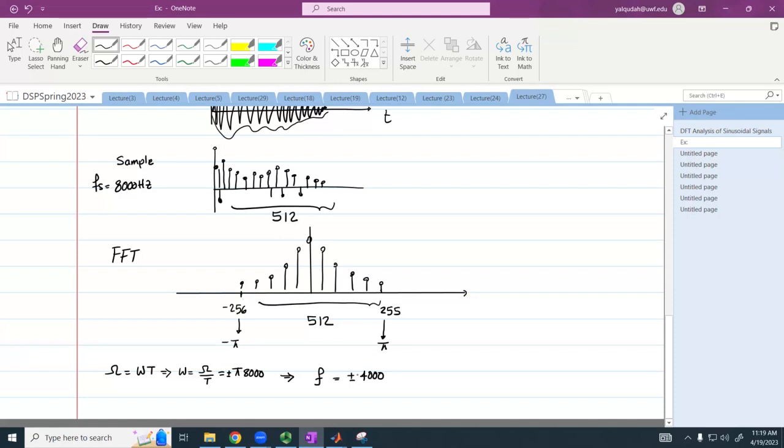And therefore, if I want to plot this against the frequency, which we often do, so if I'm going to label this as a frequency, this value here is going to be minus 4,000, and this value here is going to equal 4,000. Does that make sense?